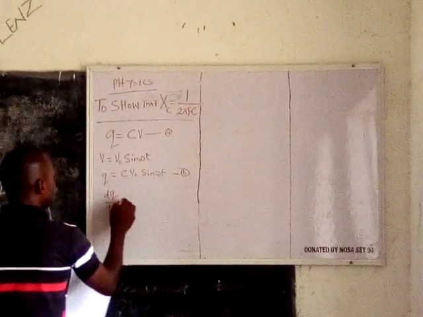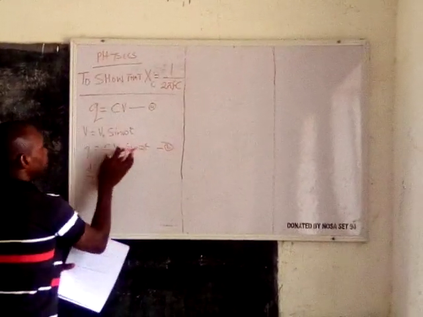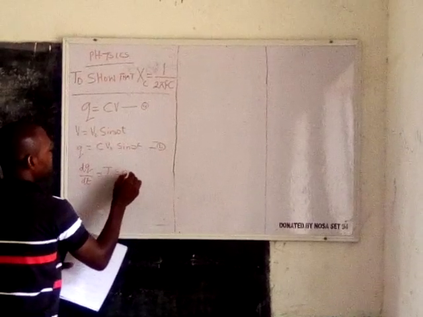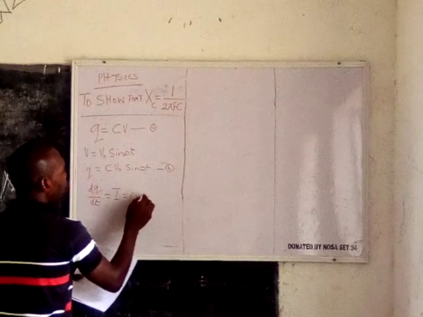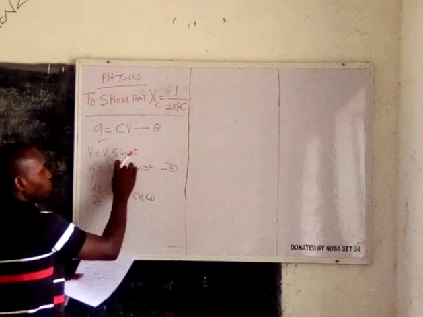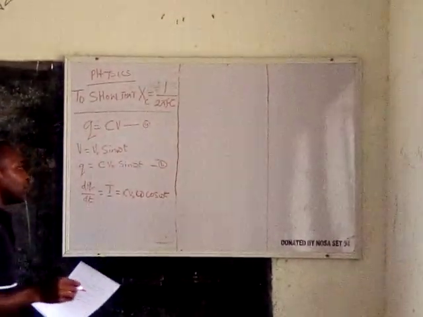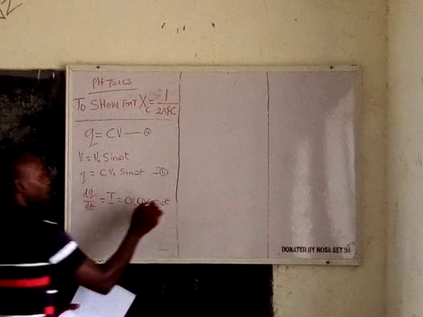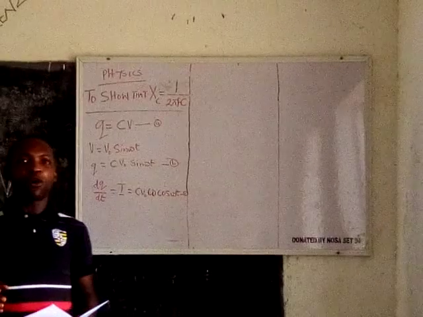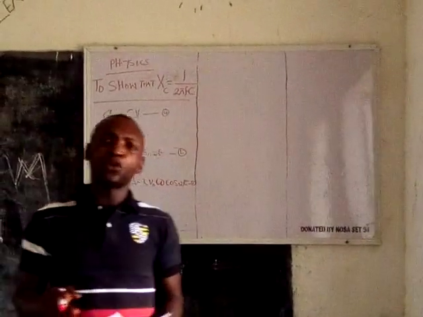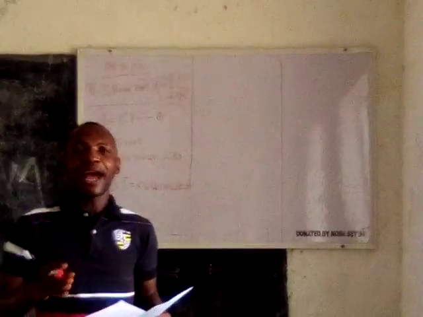So this is the same thing as current I, and is equal to, this is a constant, CV naught, and when you differentiate sine you have omega, a constant, coming down here, cos omega t. This is a very essential equation, so we must label it as C.